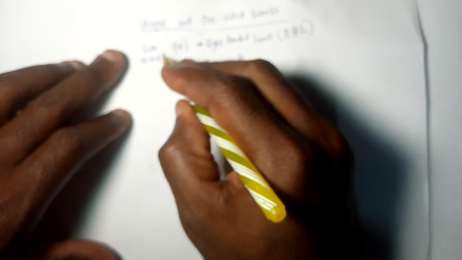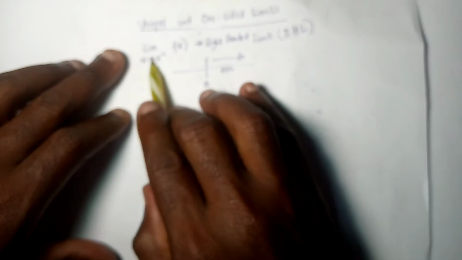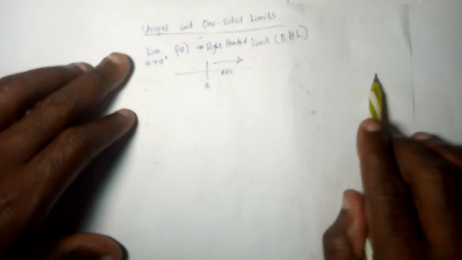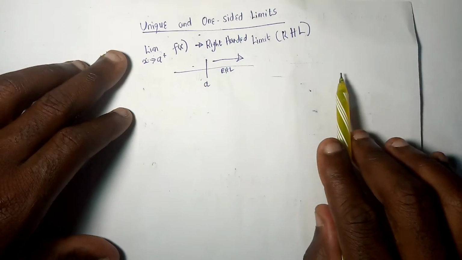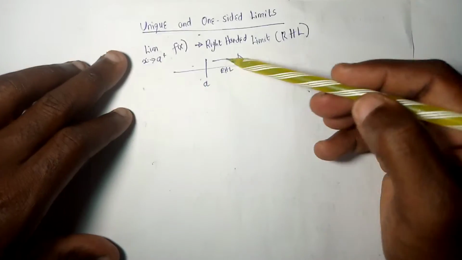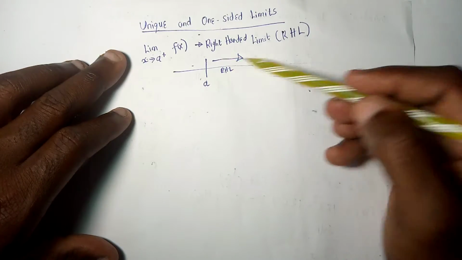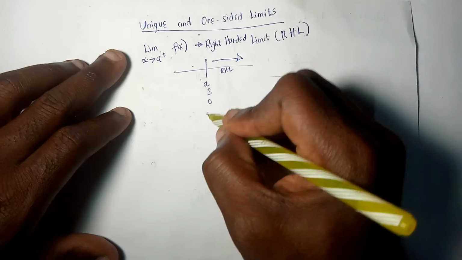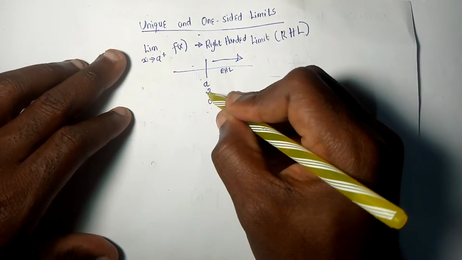The positive sign doesn't mean that a is positive. It means that we are moving towards the right. So a is taken as the reference point, but we are looking at values that are towards its right. a can be 3, a can be 0, whatever number a is.